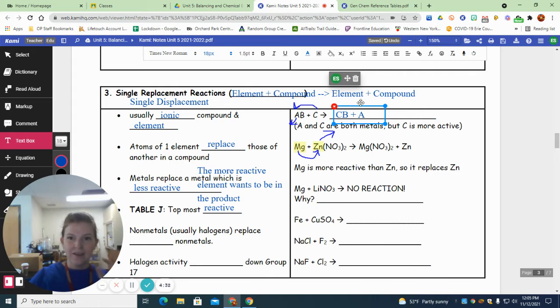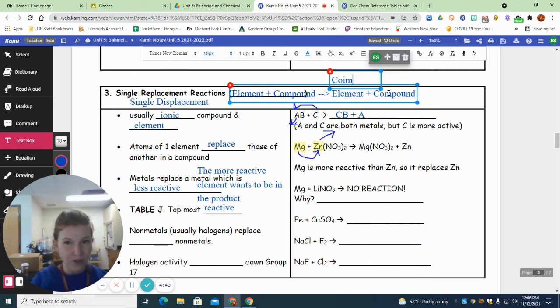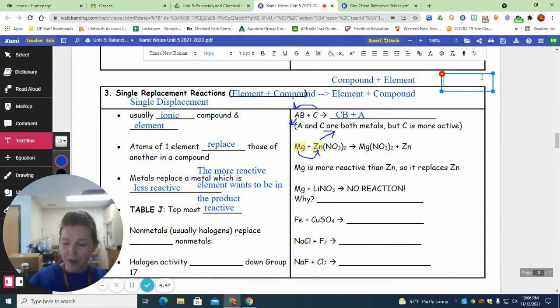Now, one thing I just want to mention, guys, when you're writing reactions, like in this example, I wrote this as element plus compound. You can write it the other way and write it compound plus element. It means exactly the same thing. Think about math class. If I say 2 plus 3, that's the same thing as saying 3 plus 2.